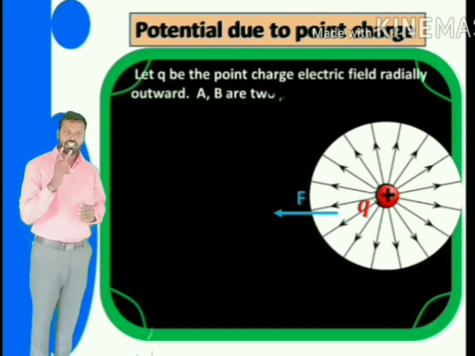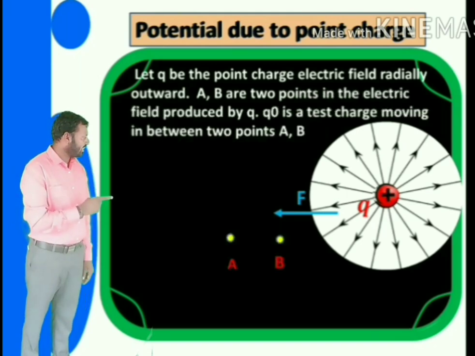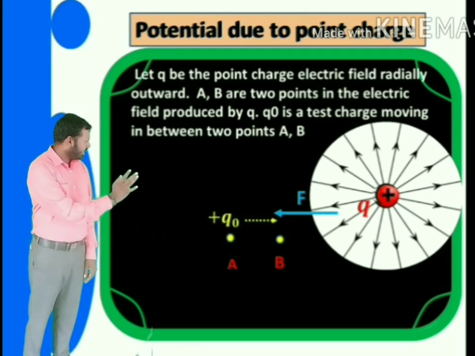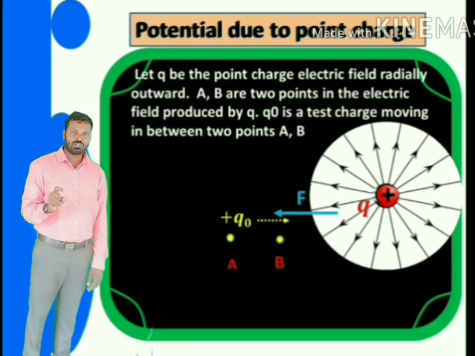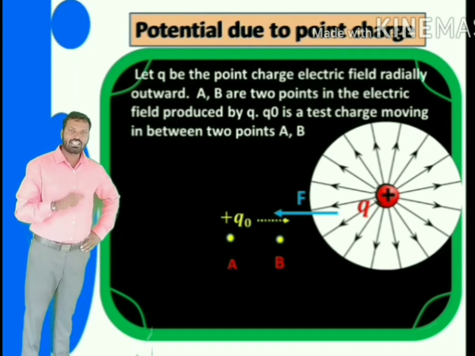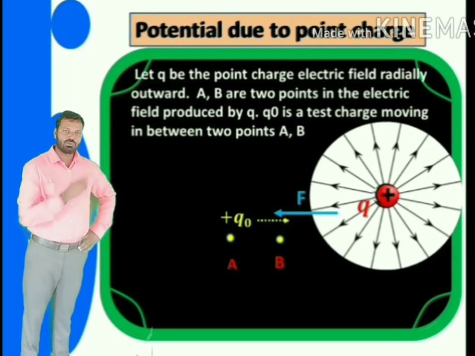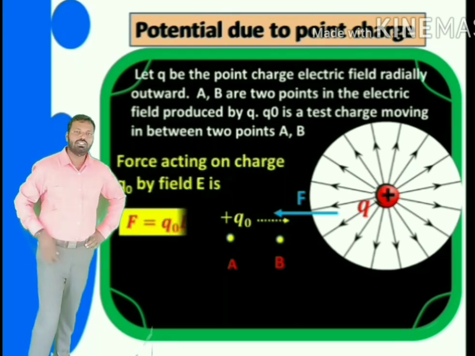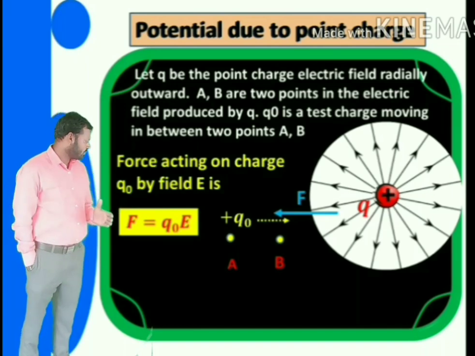Now take 2 points in this electric field, A and B. Now a test charge plus Q0 is moving between points A and B. Since plus Q0 experiences a repulsive force in this electric field produced by Q, that is given by F is equal to Q0 into E. This is the repulsive force.